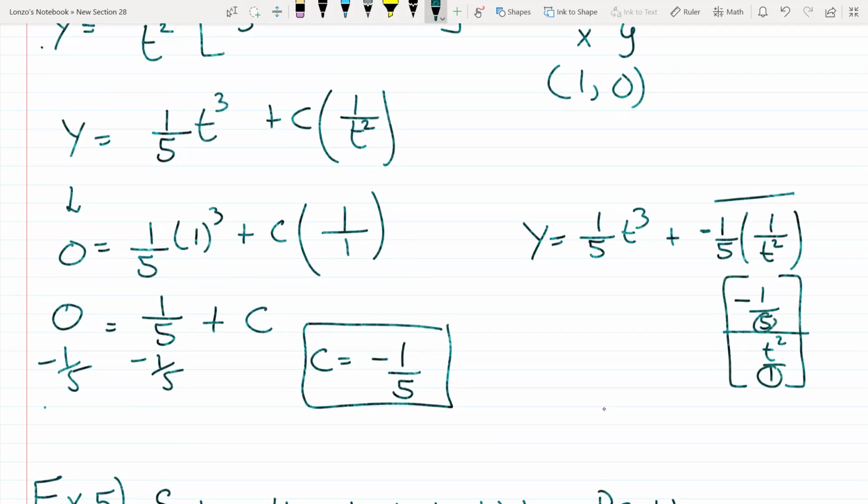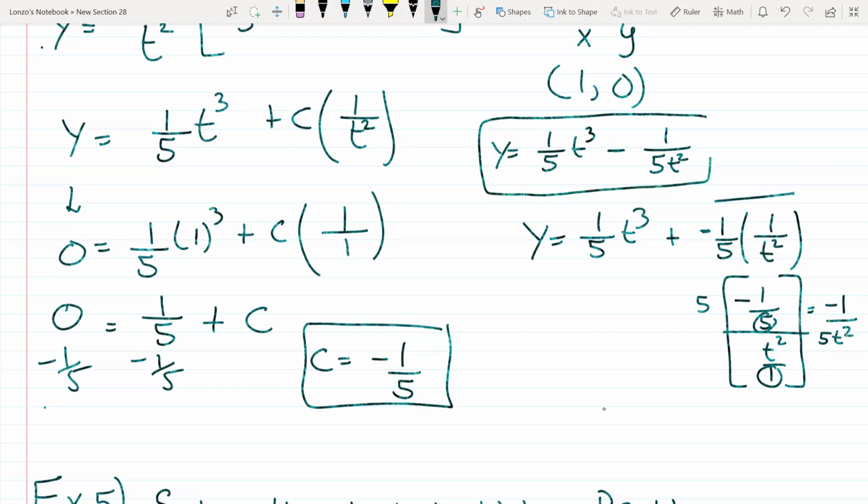Here's 1, here's 5, so my LCD is 5. So that would be negative 1 over 5t squared. Okay, so your final answer will be expressed as y equals 1/5 t cubed minus 1/5 t squared. Okay, so this is your final answer.